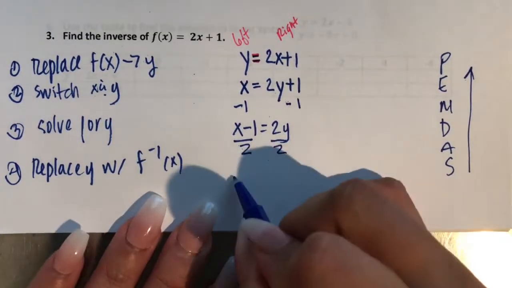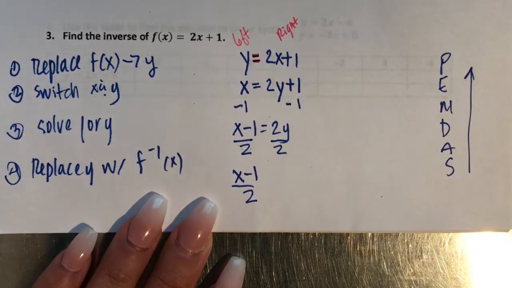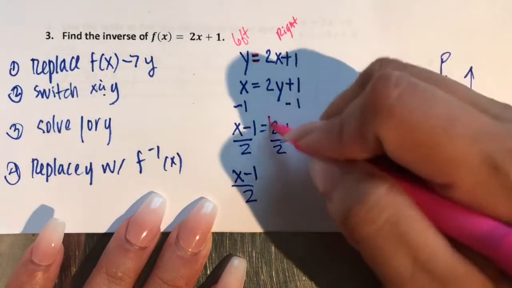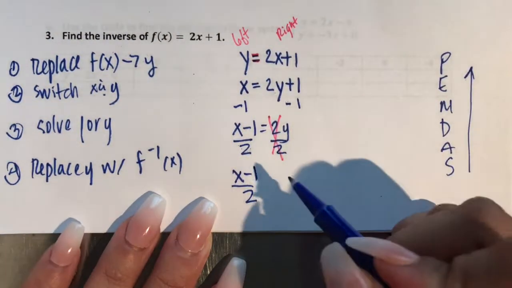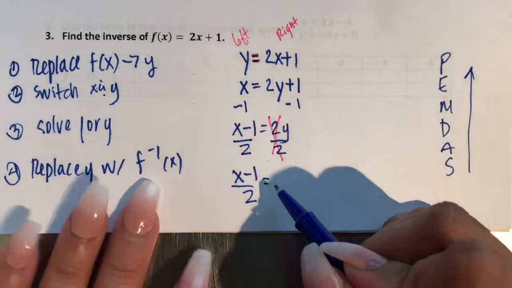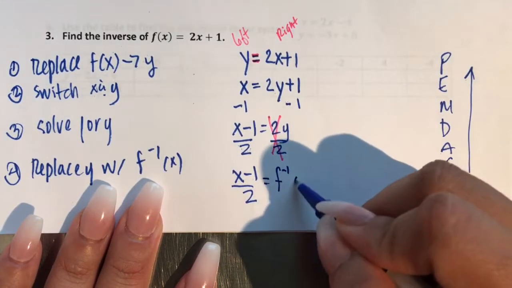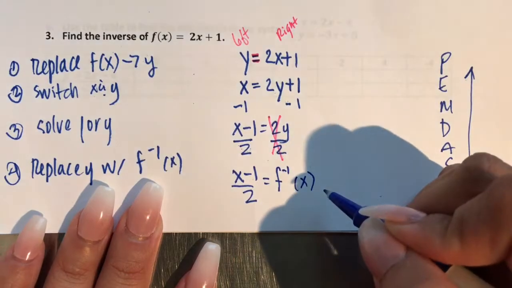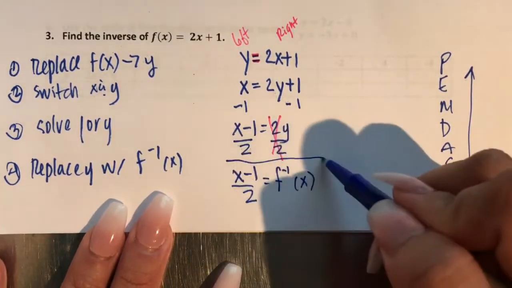Keep on working. x minus 1 over 2. Those simplified, I'm left with y. So it says replace y with f negative 1 inverse notation, and that is your solution.